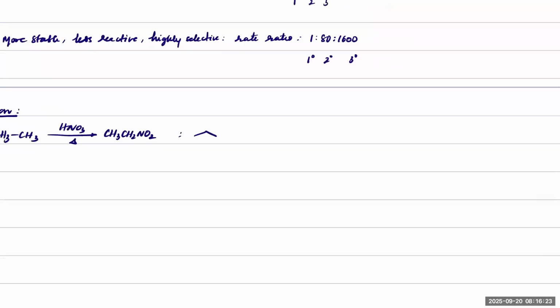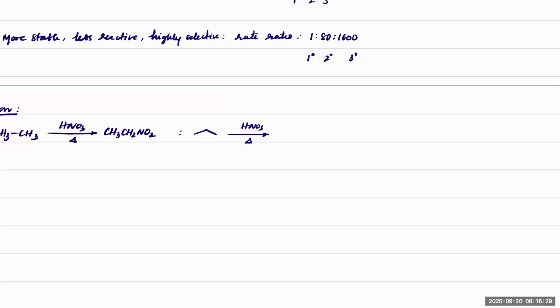If you have propane like this, with HNO3 and heat, the C-C bond can also break. In fact, you will get a nitro compound like this, nitro as well. You get ethyl nitro, and you can get methyl nitro as well.